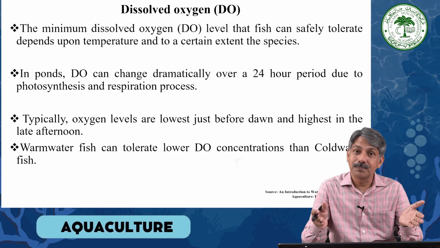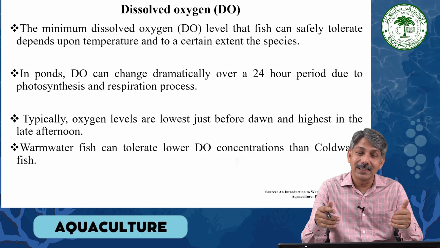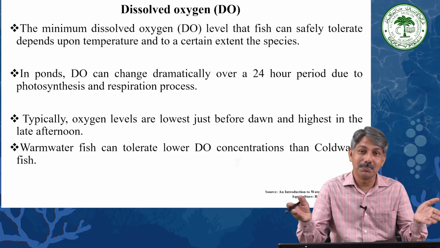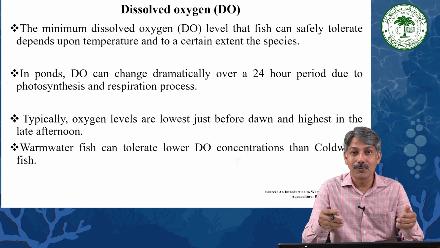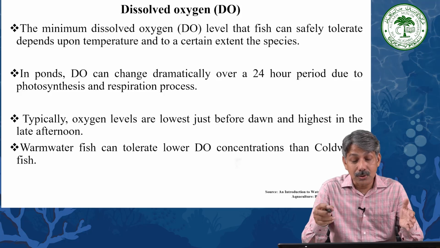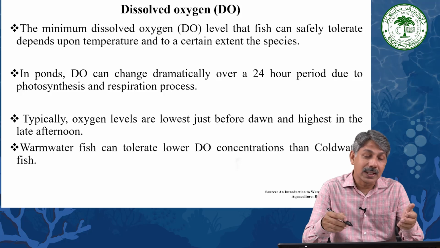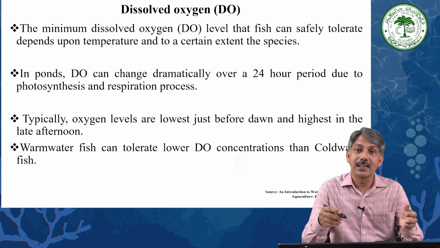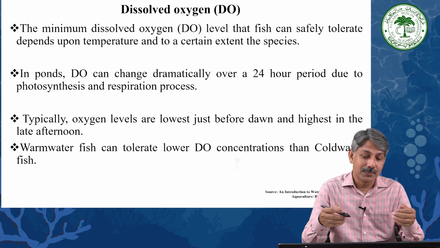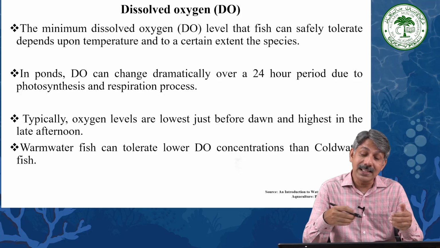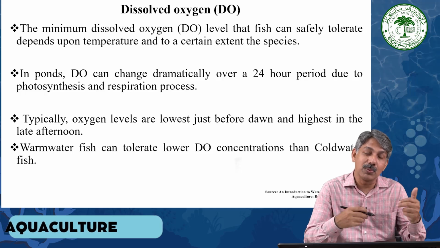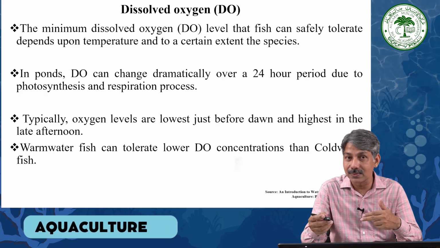In fact, if it comes below a limit, then hypoxia condition or sometimes anoxic condition also may develop if you are very ignorant. We all know how important oxygen is in survival, growth, and metabolism of the fishes, and that is related to temperature also.